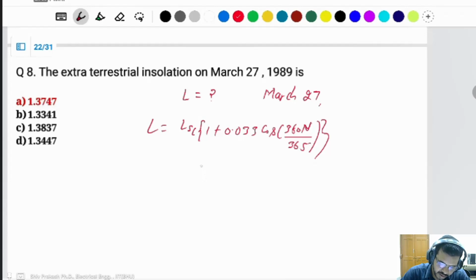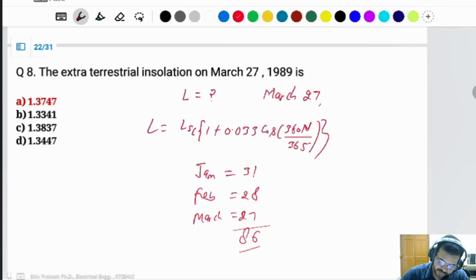You can calculate January, it will be 31 days, February take as 28, and March, it will be 27. Total, we calculate 86.